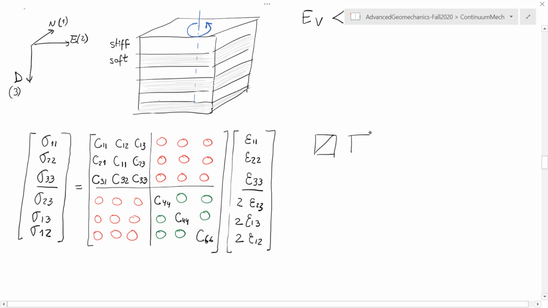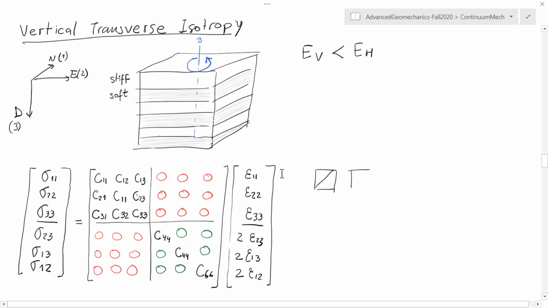Let me see if I am counting correctly. Yes, I'm counting correctly. Another term that is going to be the same, I almost forgot about that. Imagine that you push in direction 3. If you push in direction 3, what you would expect is that the expansion that you will get in directions 2 and 1 are going to be the same.